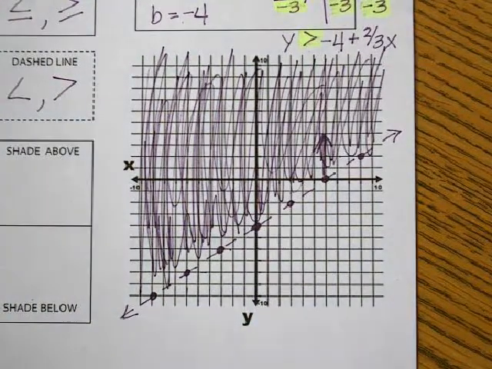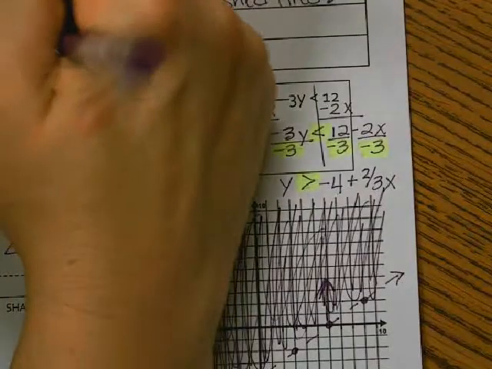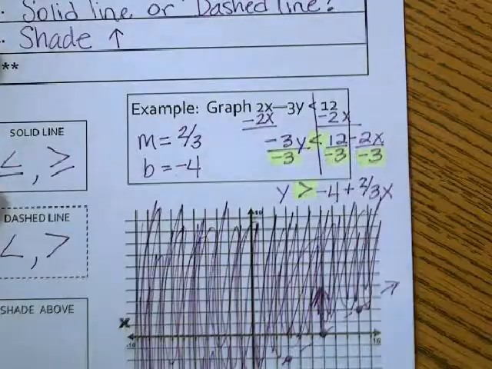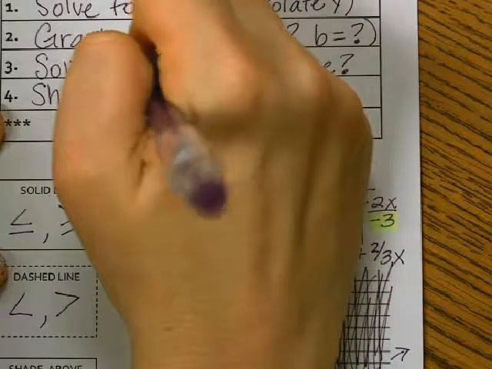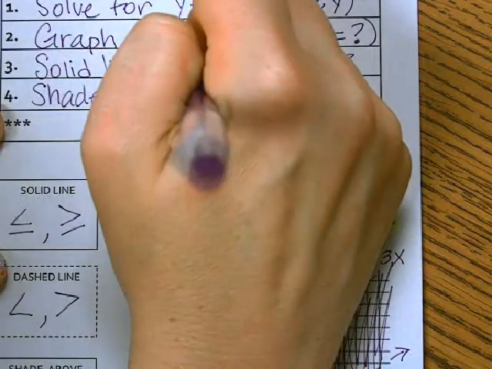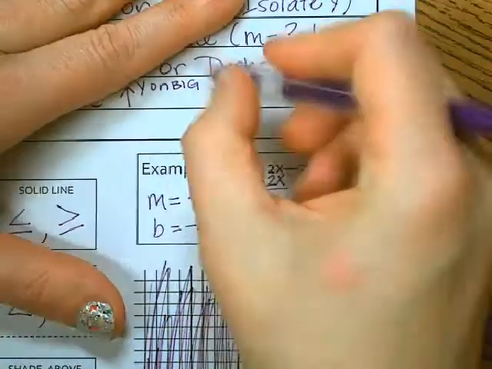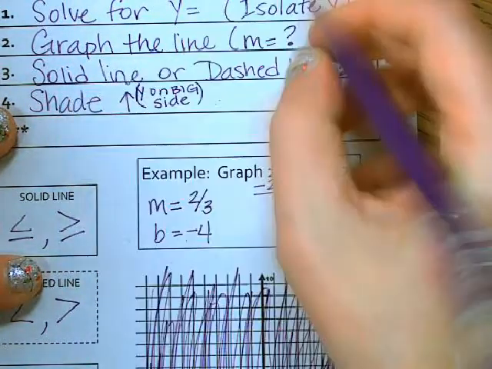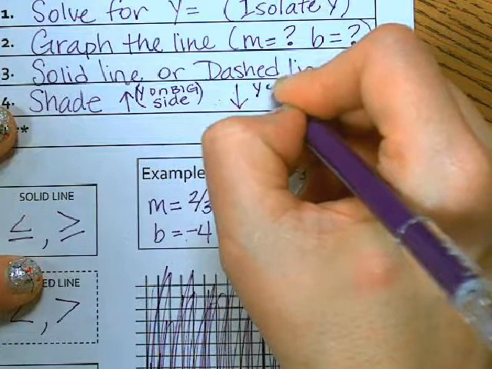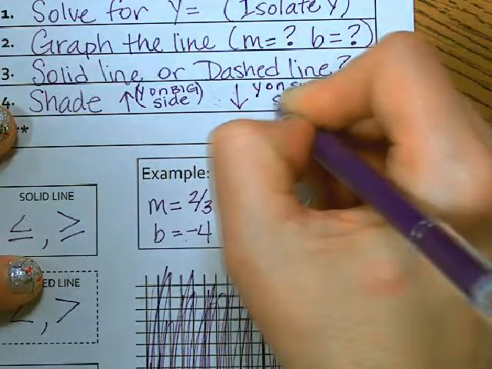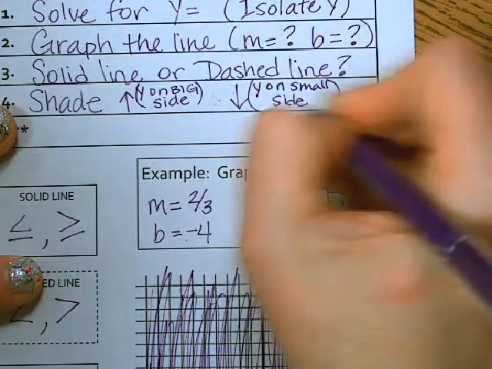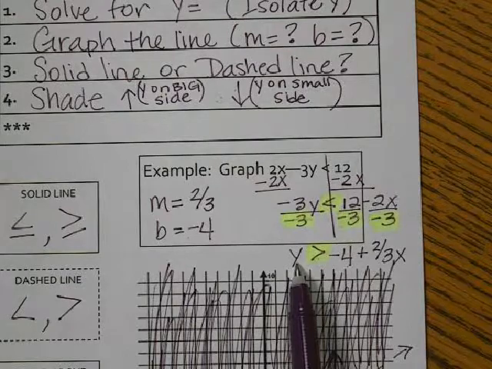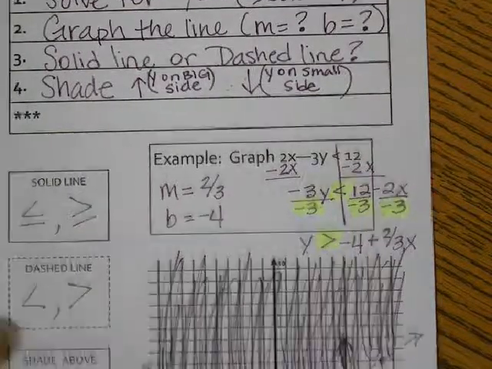Okay? So, we're going to shade above. You shade up if y is on the big side, and you shade down if y is on the small side.